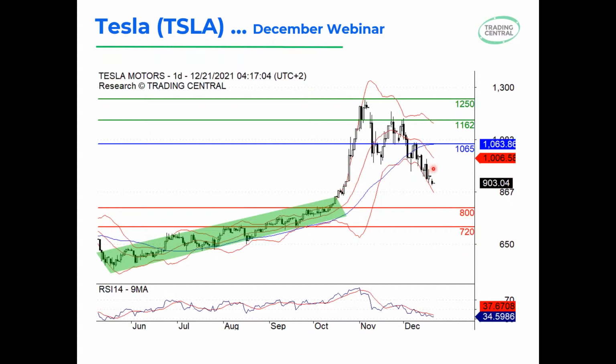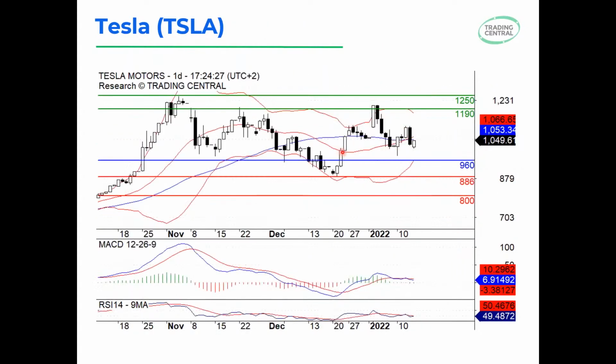Back then, I said it had dropped below a triangle pattern, and I had to see a return to the key resistance at this level, 1065, to be bullish again. In fact it did come back to 1065 and jump higher.